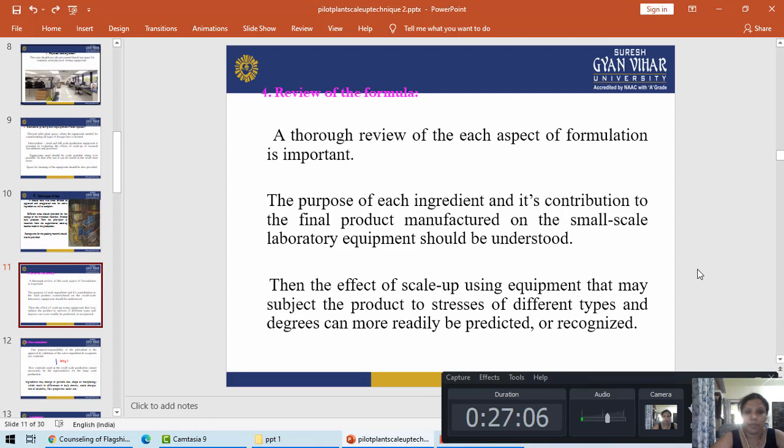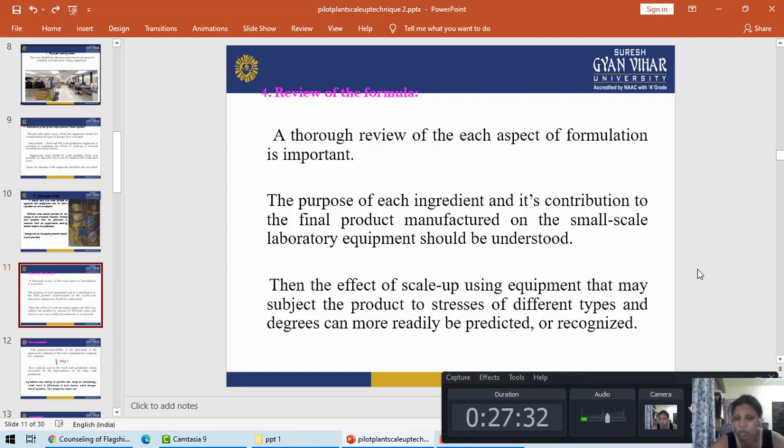Now review of the formula is the next step. A thorough review of each aspect of the formulation is very important. We should thoroughly review all the aspects of the formulation. The purpose of each ingredient and its contribution to the final product manufactured on the small scale laboratory equipment should be understood.